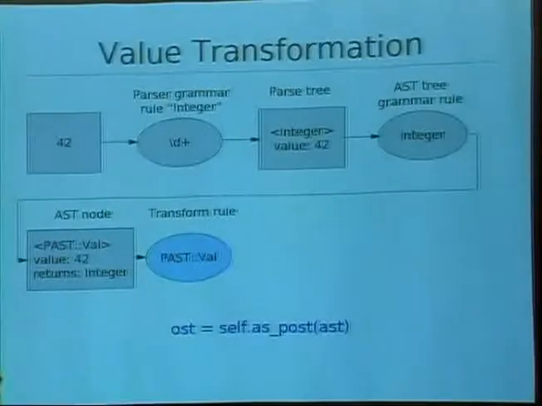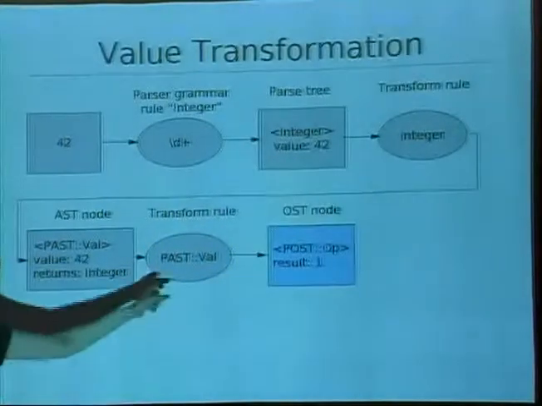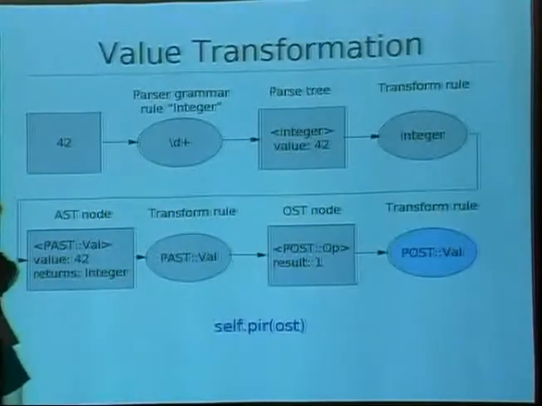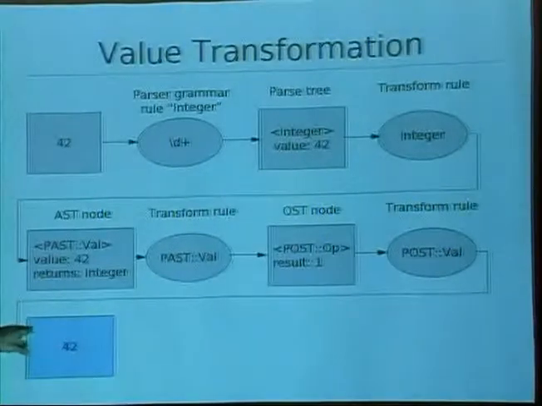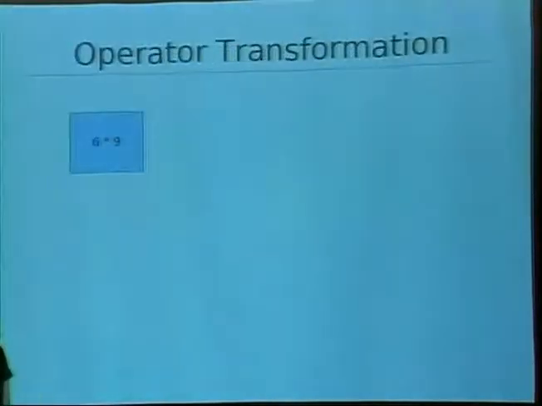This is what Parrot does internally, though. It transforms it again into another tree, transforms it again back into executable code, which in this case is a whole lot of work to get from 42 to 42. But it adds up quickly.